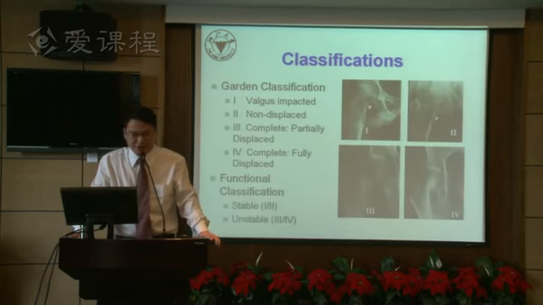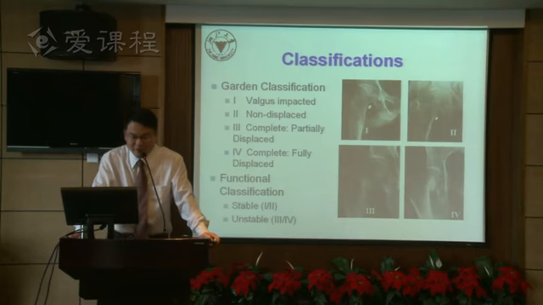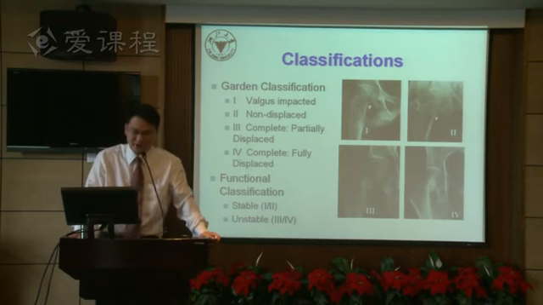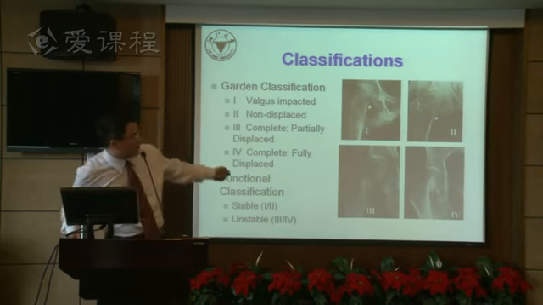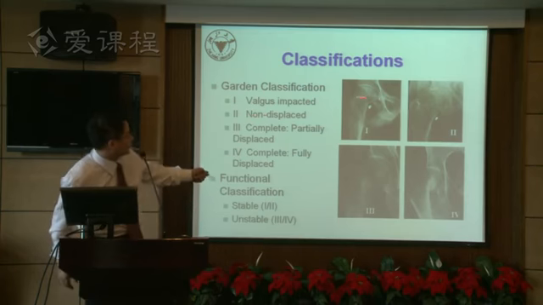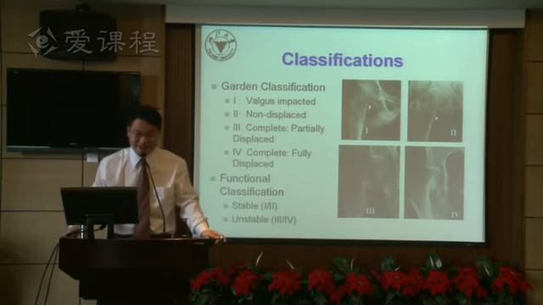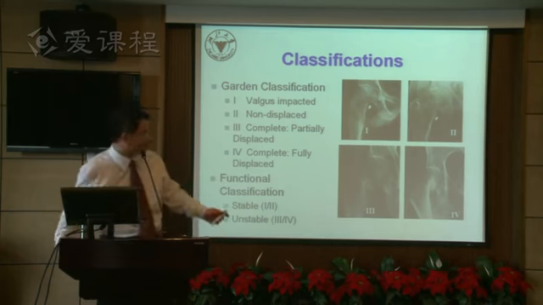Garden classification is the most commonly used approach to classify femoral neck fractures. As I have shown here, there are 4 grades of the Garden classification. Type 1 is a valgus impacted fracture, impacted here, and the fractures are not displaced.